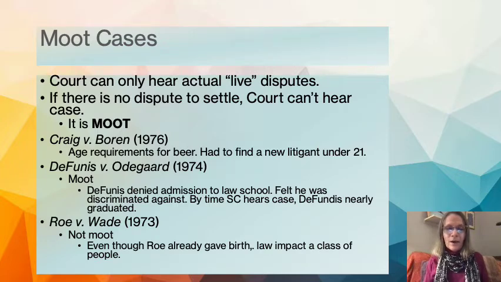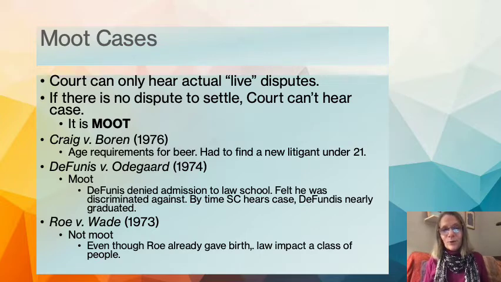Some states had laws that said women could drink near beer at age 18, but men had to wait until they were 21, because men are reckless and need to be governed more or whatever. And men in the state where that law was on the books cried foul. They said that law was discriminatory.